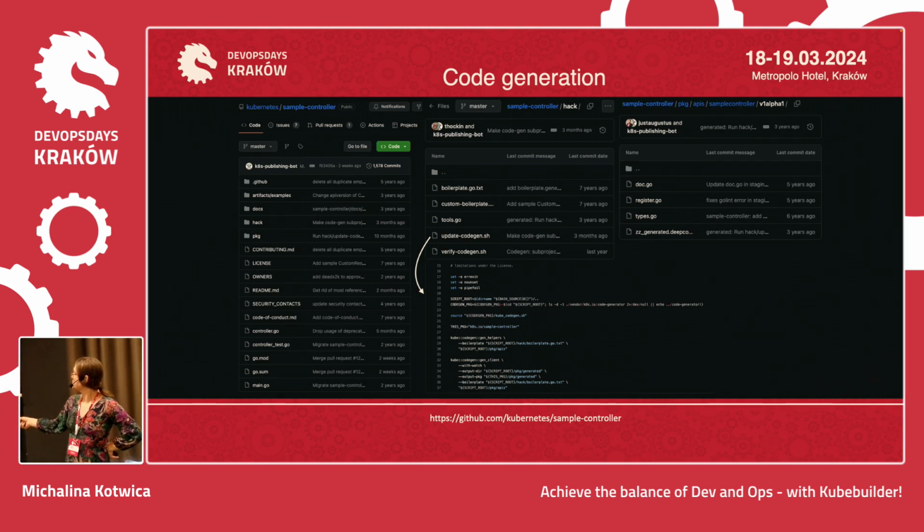So there is this beautiful thing called Kubernetes sample controller, which shows you how to do exactly that. Okay, so we enter GitHub, and we look at the hack directory, because you know hack means do some interesting stuff, so we're obviously interested in that.